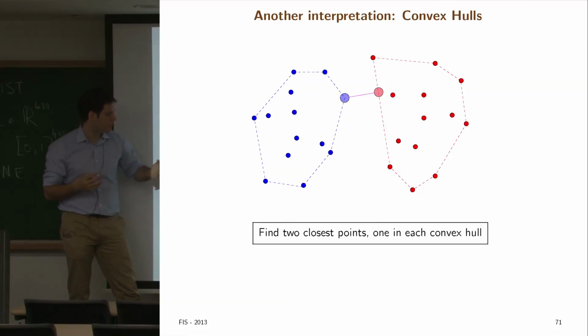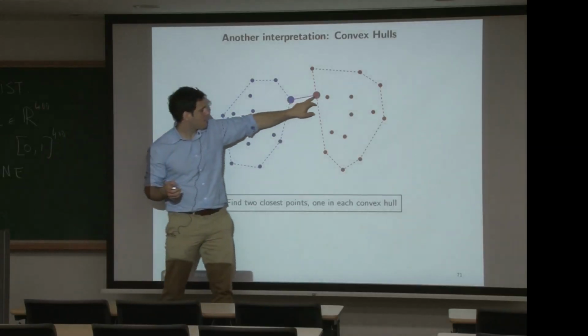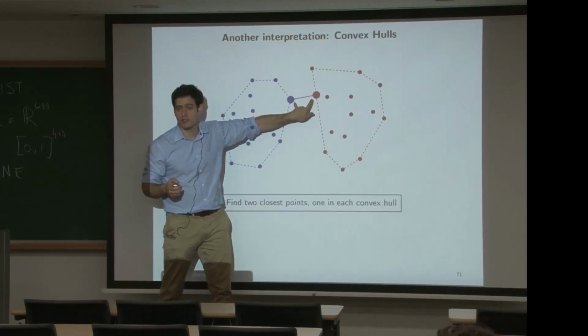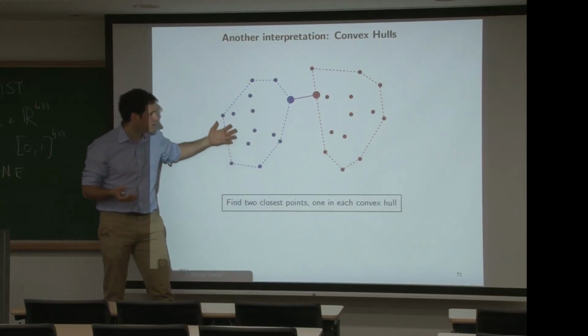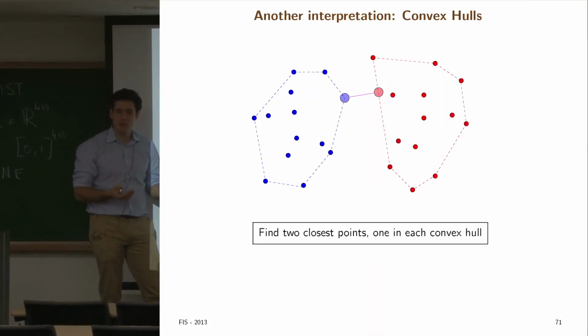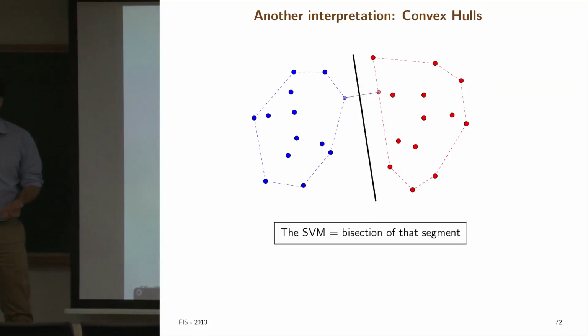It would probably be a quadratic program. You're basically trying to find the blue point and the red point which are the closest to each other. This is well defined. This is actually usually called the distance between two sets. It's the minimum of the distance between x and y, where x belongs to the first set and y belongs to the second set.